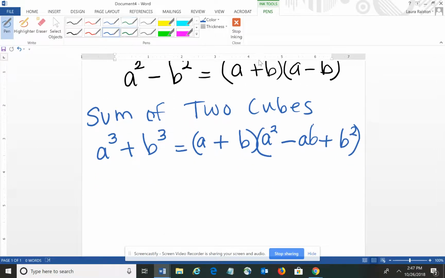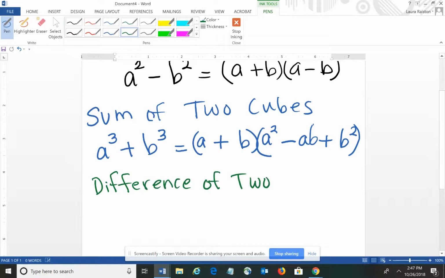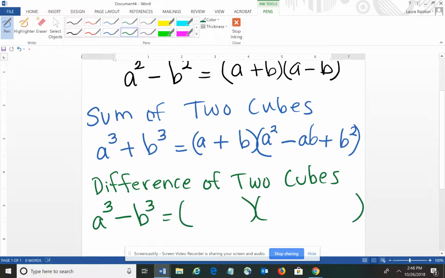And then finally, the third one is a difference of two cubes. Again, we recognize it as a cube because typically you'll have that exponent of 3, and instead of a plus sign, you'll have a minus sign. Difference is subtraction. It follows basically the same pattern. The only difference is the signs that you use.